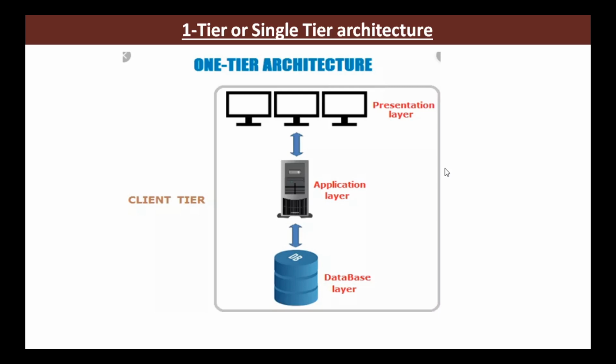Actually, the database architecture involves three layers. Each layer is called a tier. What is a tier? A tier is nothing but an individual layer that has a unique functionality: presentation layer, application layer and database layer. What is the presentation layer?